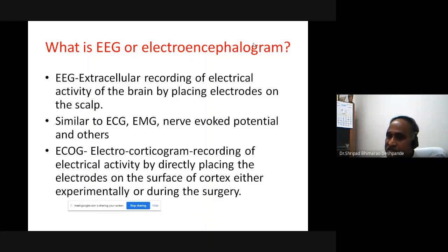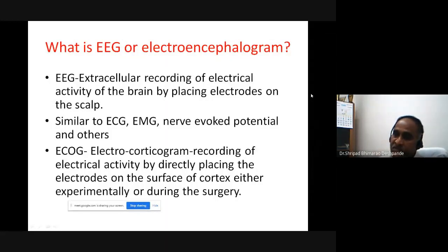Electroencephalogram records the activity when we place electrodes on the scalp, and electrocorticogram is where we place the electrodes on the cortex directly. That is only possible in experimental animals, or sometimes in neurosurgery.